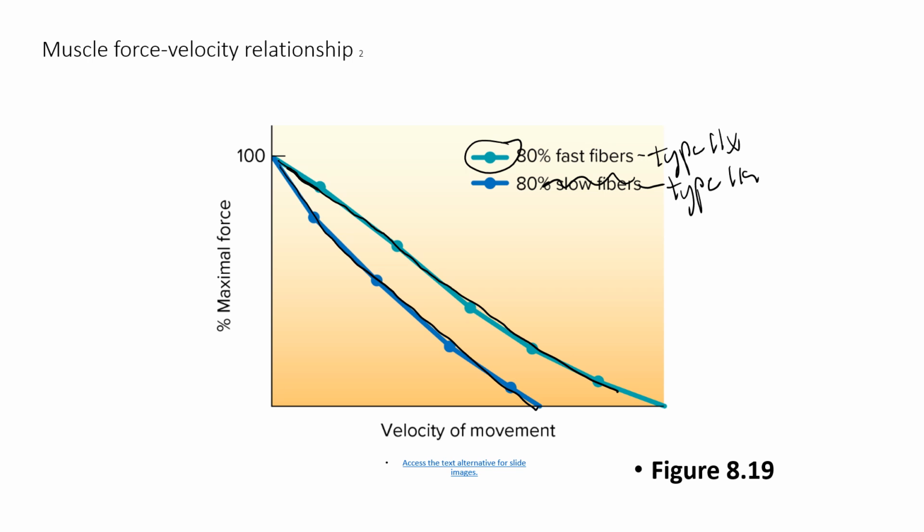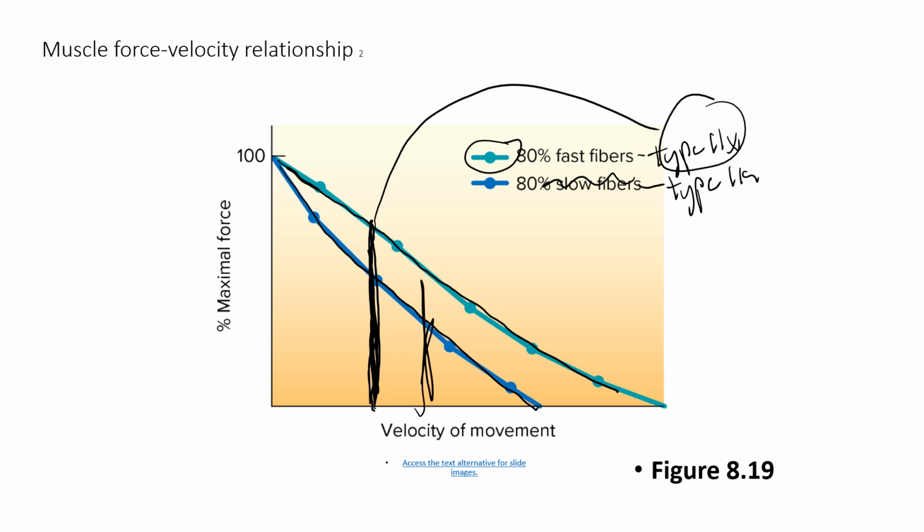But at a given velocity, which of the fiber types is always producing more force? The Type IIx. The Type IIx at any given velocity always is going to produce more force than the Type IIa.